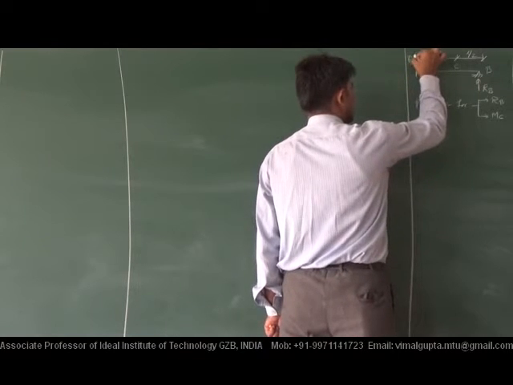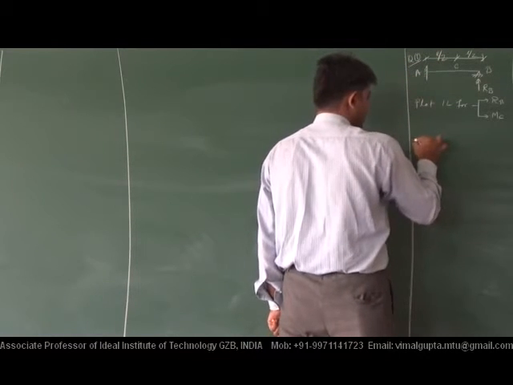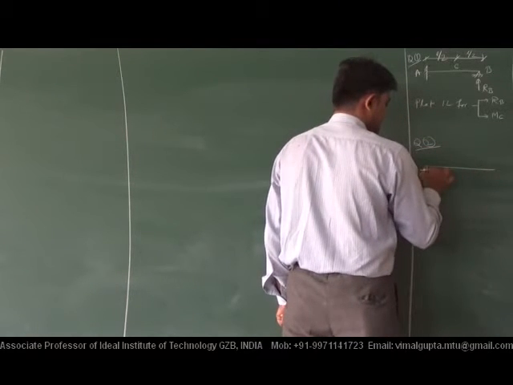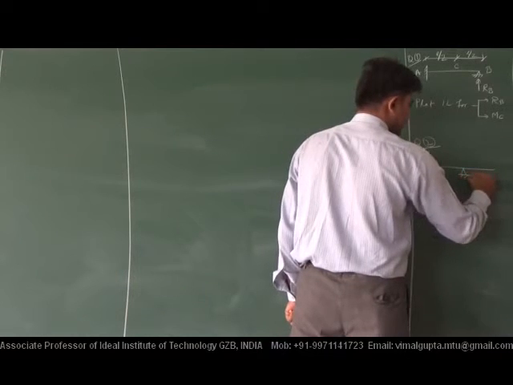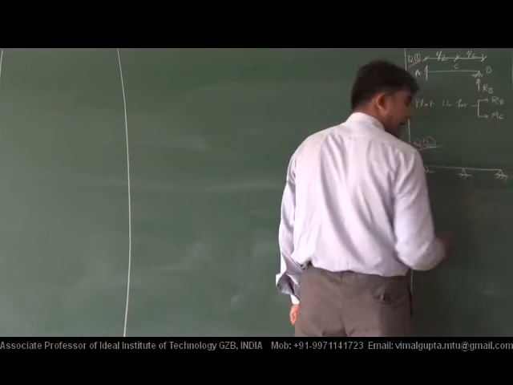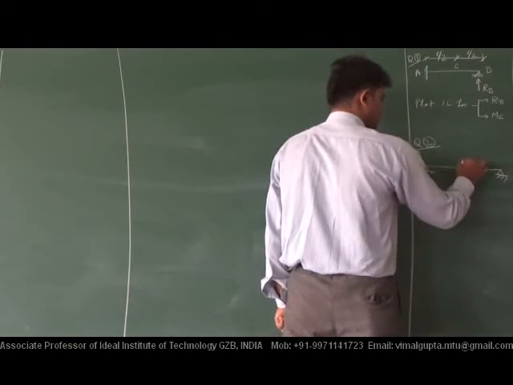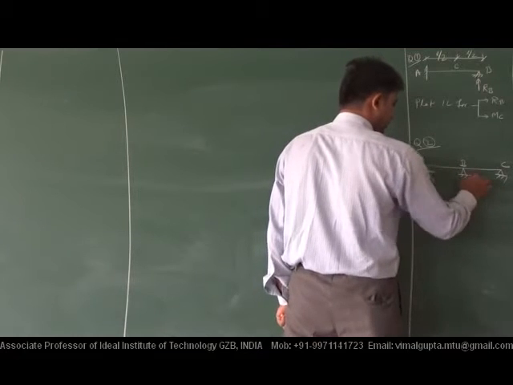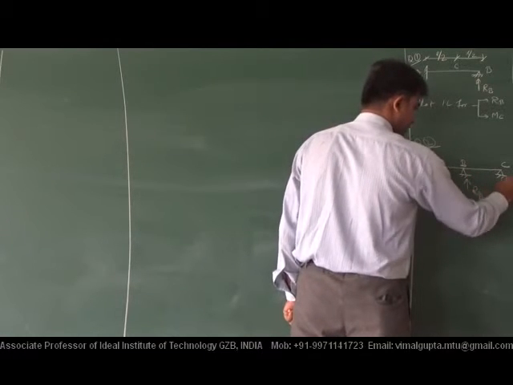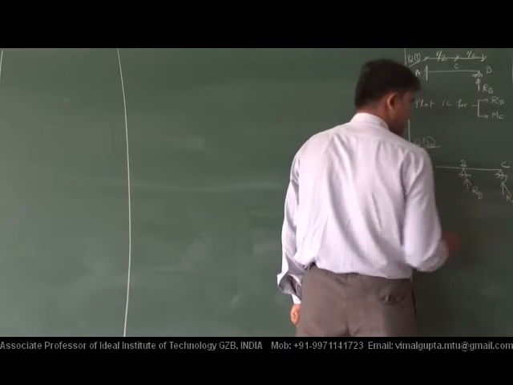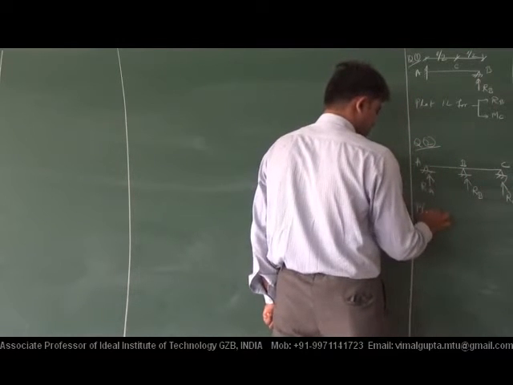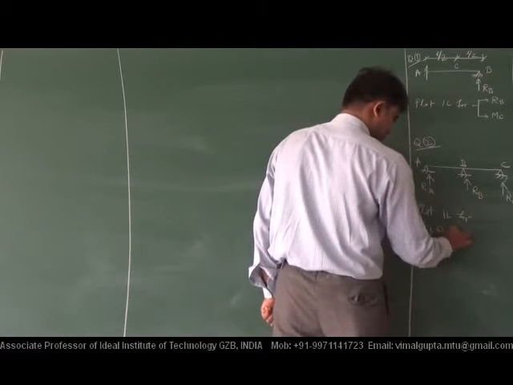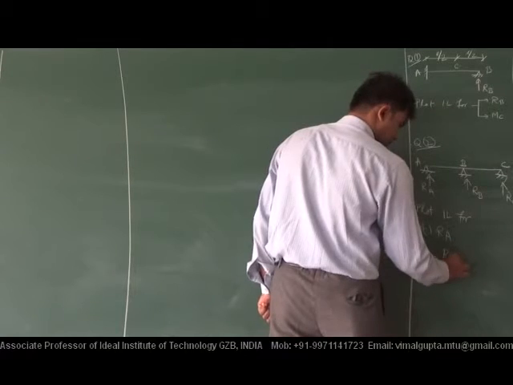Question 1. Next question, we will plot for a continuous beam A, B, C, which may have values of RA, RB, RC. So we will plot IL for number 1 RA, RB.